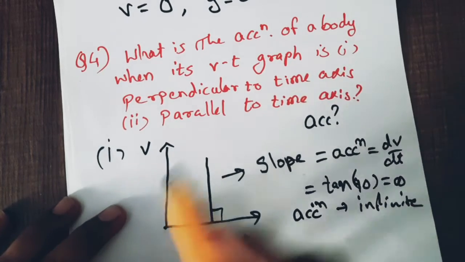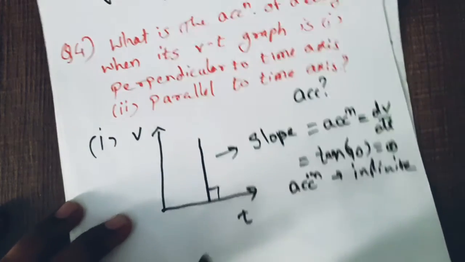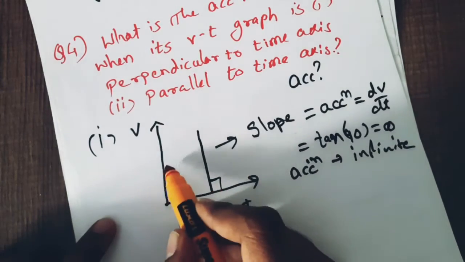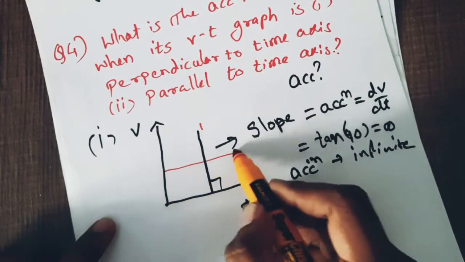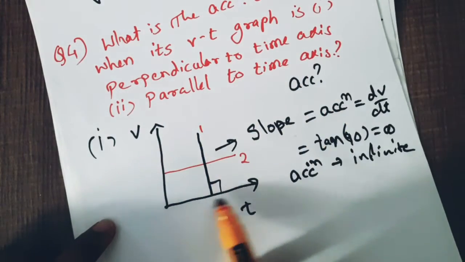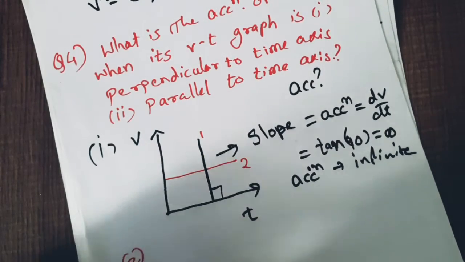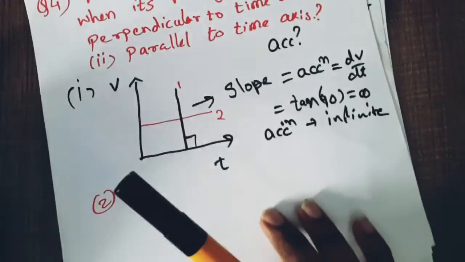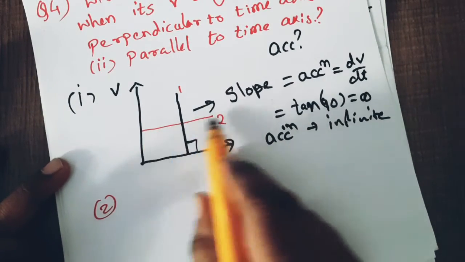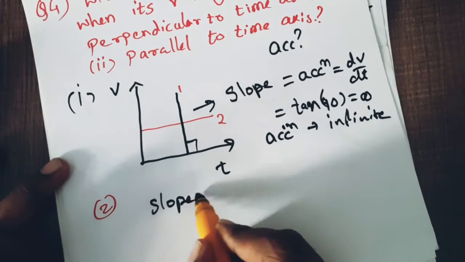Let us consider the second situation, parallel to the time axis. Let us draw the second situation in the same graph. Suppose this is the first situation, and this is our second situation. The second situation says that the graph is parallel to the time axis. So for any line parallel to the time axis, theta is 0, and slope equal to acceleration.